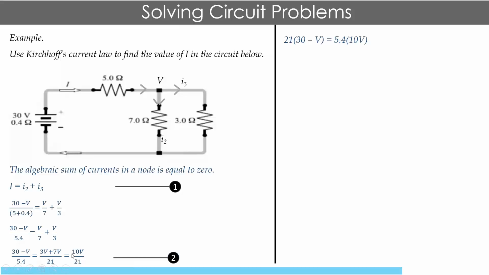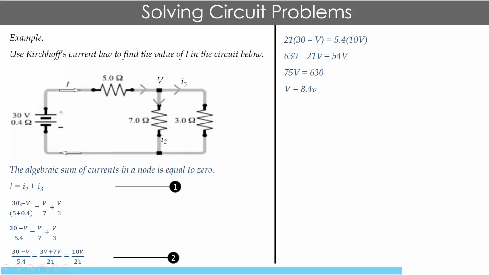And if we resolve this further by cross multiplying, we'd have that 21 into bracket 30 minus V is equal to 9 into bracket 10V. Resolving that further, we have that 630 minus 21V is equal to 90V. So V now will be equal to 630 divided by 111, which gives us about 5.68 volts. So if V is known, what is the current that passed through the 5 ohm resistor?